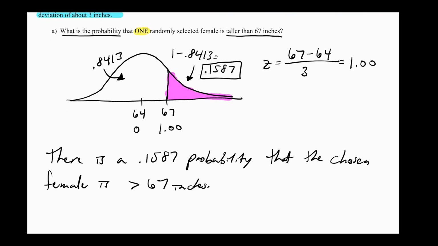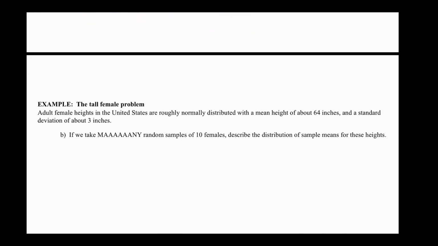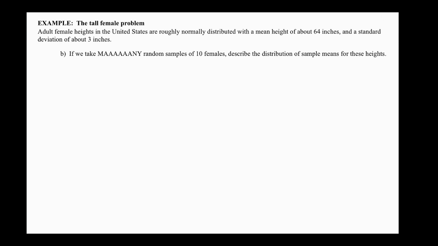Go to the next question. Tell me what the difference is between that question and the question before it. Random samples. We have an n, right? Samples. What is it?